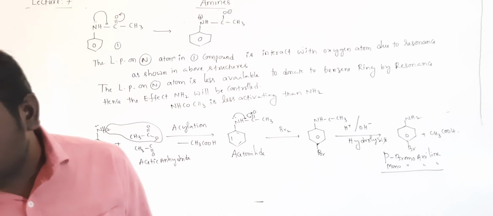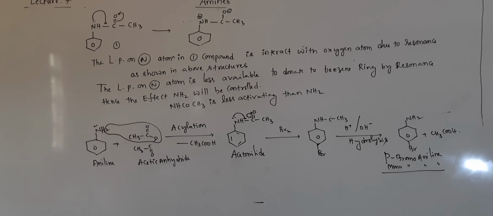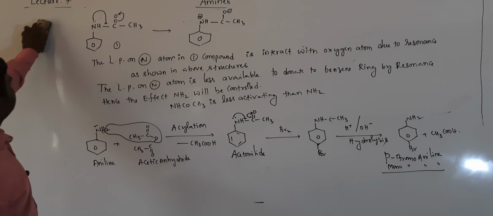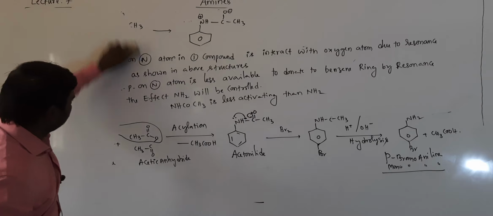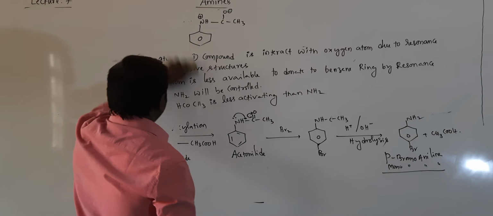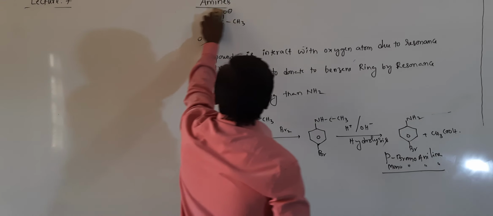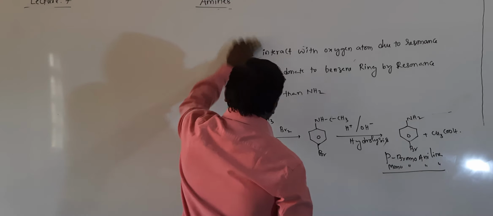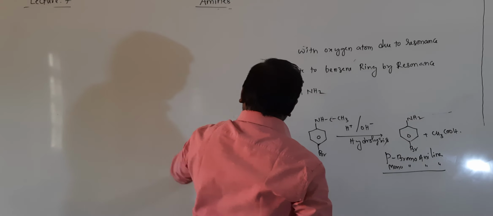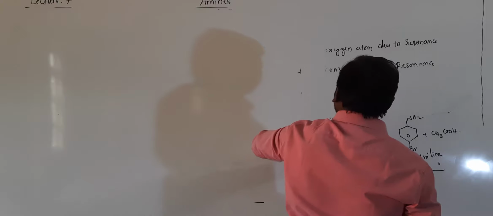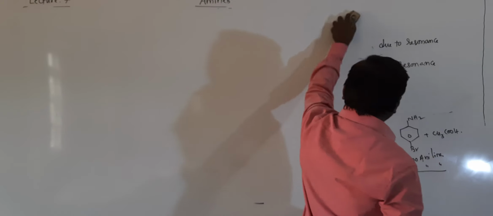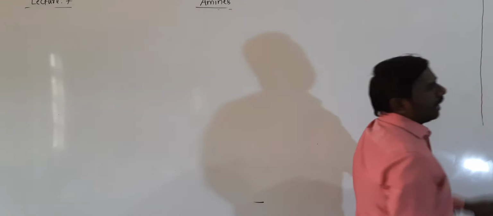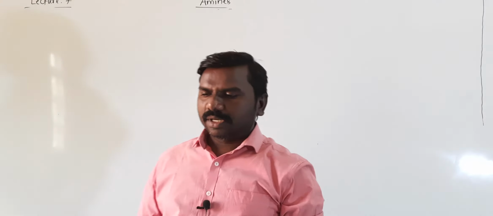It is a bromination reaction. Next, to get the tribromo product, direct bromination. To get only monobromoaniline, you should control the effect of NH2 by acylation, followed by bromination, followed by hydrolysis. Right students?